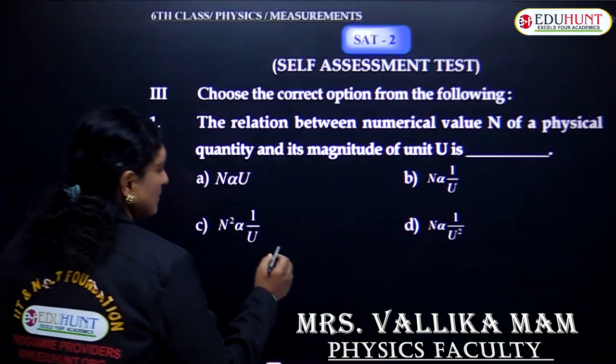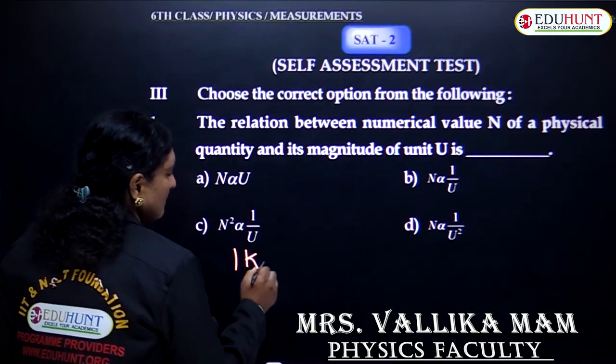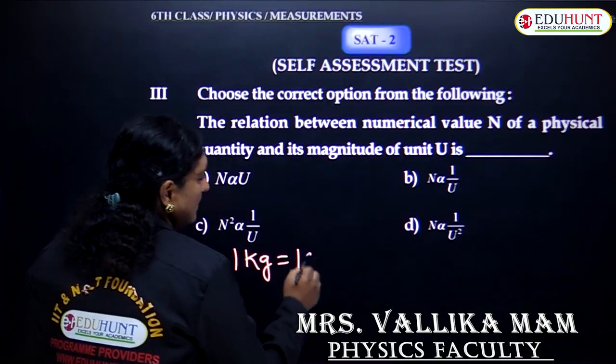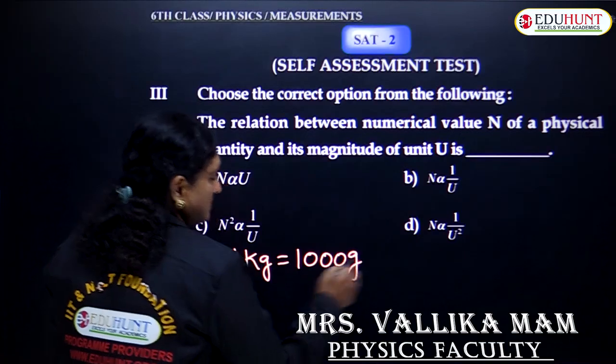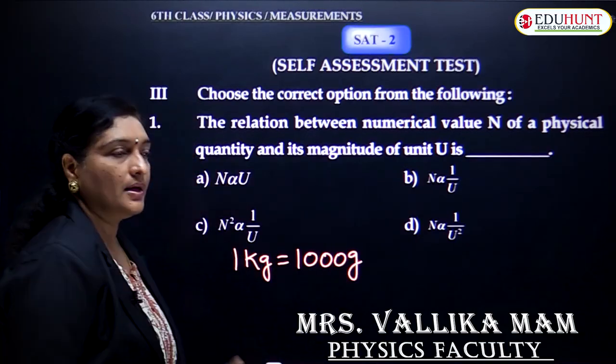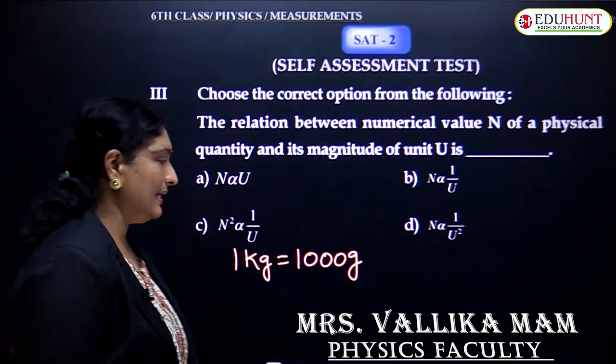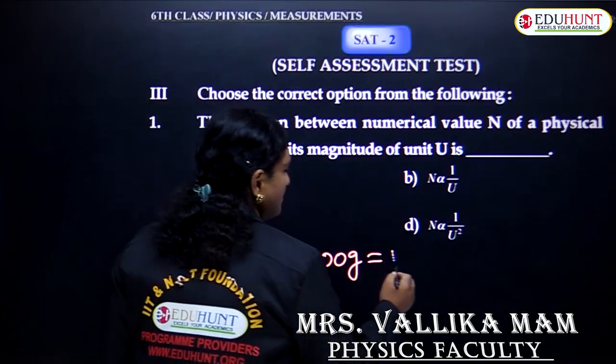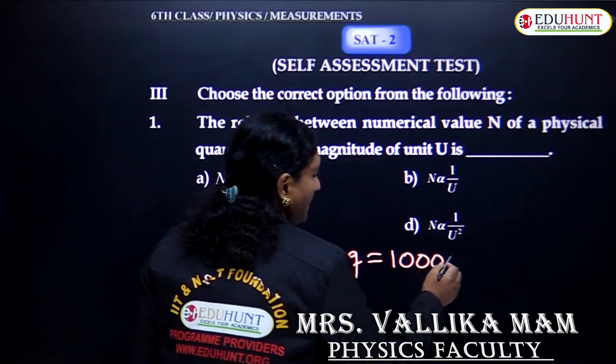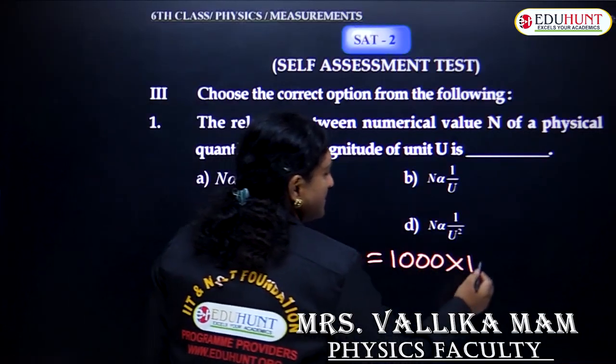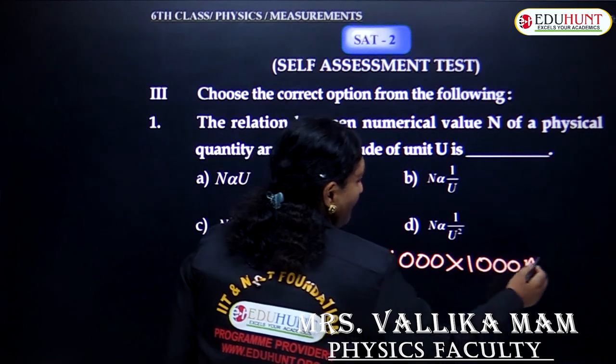Children, earlier I told you that 1 kilogram is nothing but 1000 grams and each gram is equal to 1000 milligrams. Hence, this can also be written as 1000 into 1000 milligram.